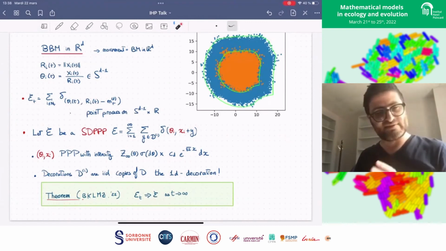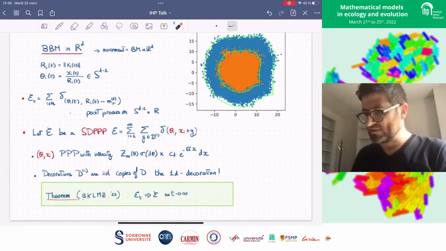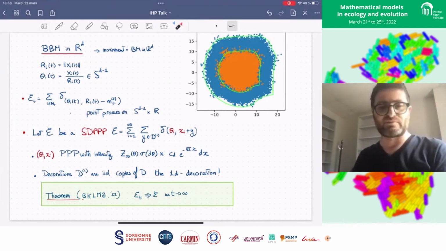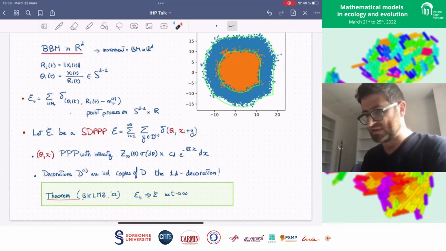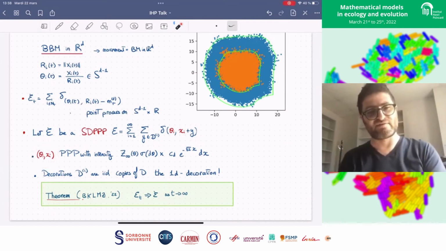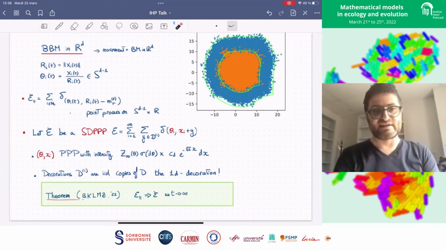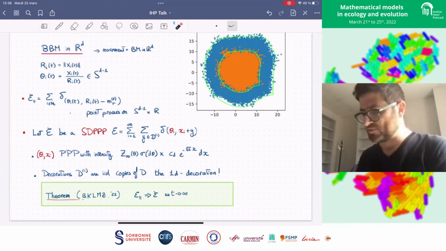So what is this limit object E? Well, it's again a shifted decorated Poisson point process, exactly like in one dimension, except that now I have Dirac masses at theta_i and xi_i plus y. So now my Poisson point process, the cluster leaders, have two components: the theta_i, and the theta_i are the atoms of a Poisson point process with intensity Z infinity(theta) sigma(d theta).